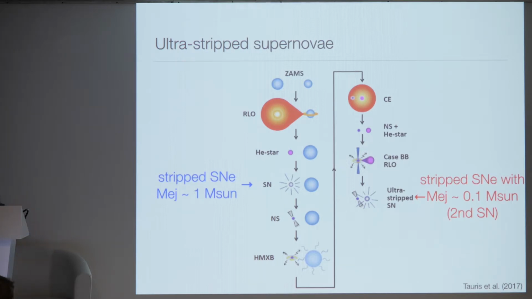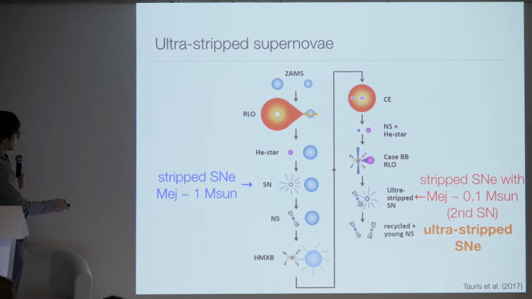And why do we care about this? Of course, this is apparently a very rare way of getting a supernova, but this evolutionary path is very important. We call this supernova an ultra-stripped supernova because the stripping is much larger than the normal way. And what can remain there is the double neutron star system.